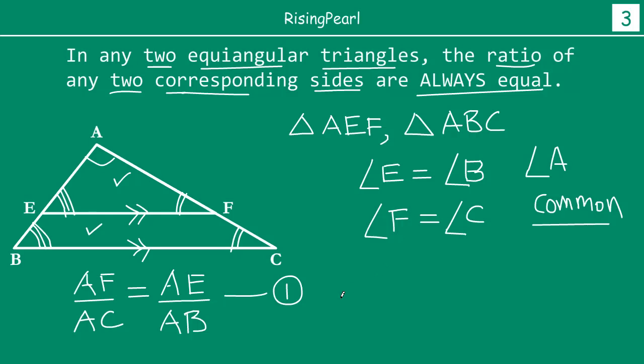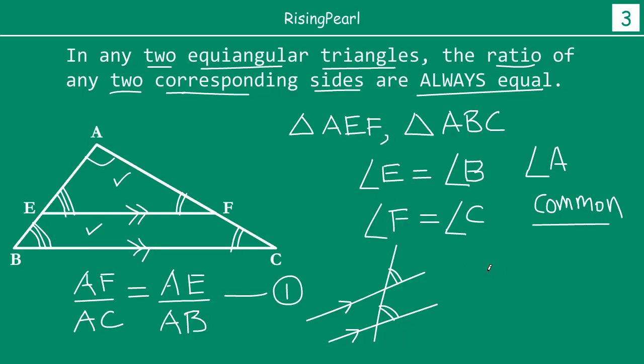Friends, recall that if you have two lines and you draw a transversal such that the corresponding angles are equal, then we know these two lines are parallel. So EF must be parallel to BC.